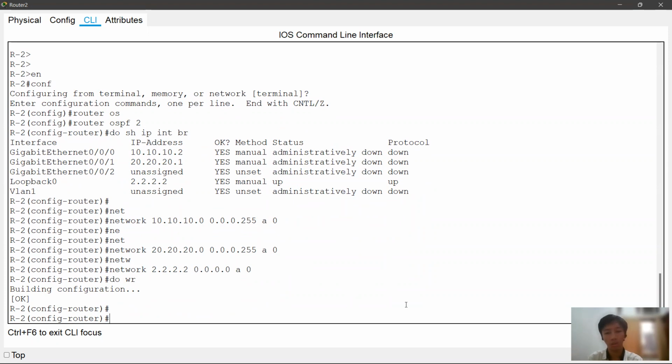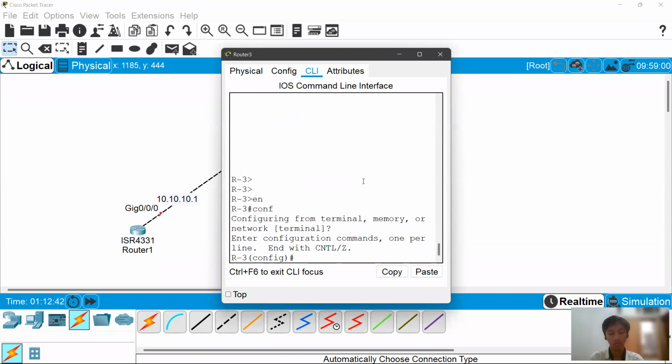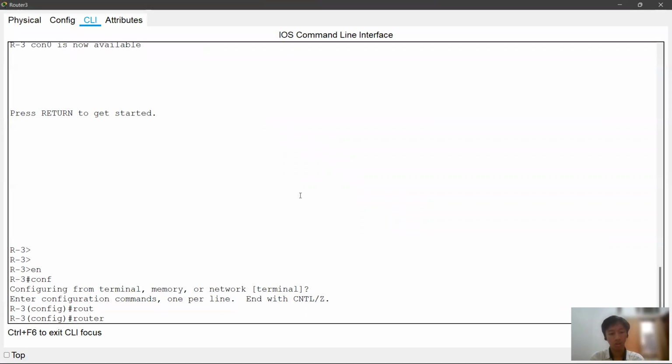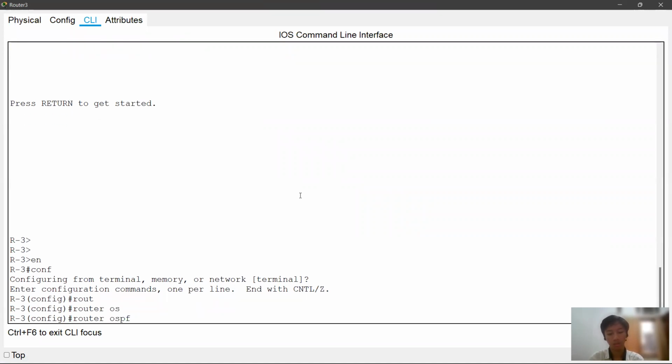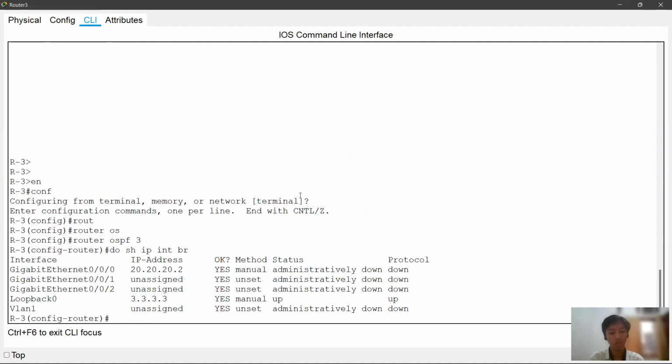Okay, don't forget to write. And the last side is router 3, enable config, router OSPF 3 with a different process ID, and do show ip interface brief.